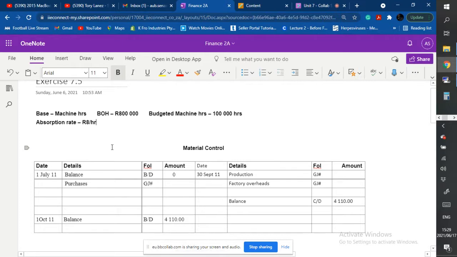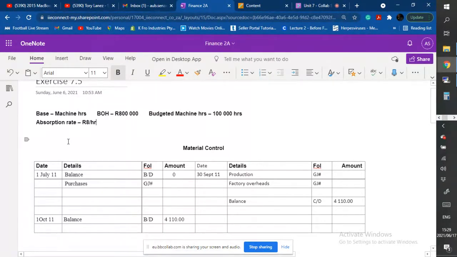Remember up here we have our budgeted. But now we're going to need the actual to see whether we over or under applied. So we have indirect materials 350, indirect labor 2,500, depreciation on equipment 1,200. Then we have other overheads, 190.